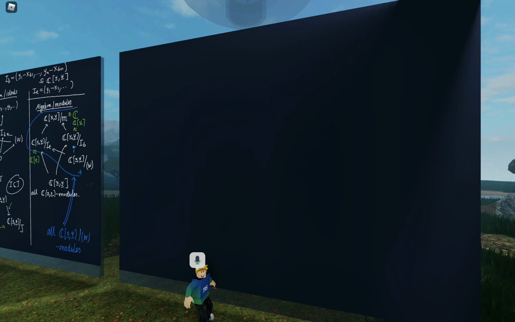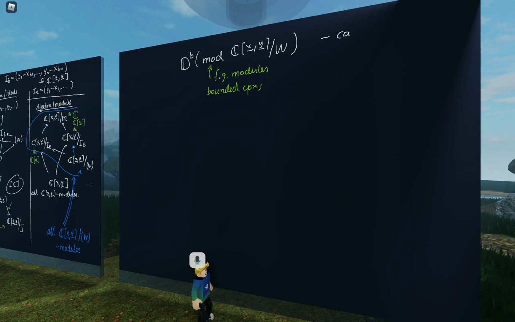Okay, so I can take the bounded derived category of finitely generated modules over this thing. So this is finitely generated modules and bounded complexes of them. It doesn't really matter what that is, but that's some category. And it's a category in which all those closed subsets I was talking about live as objects.